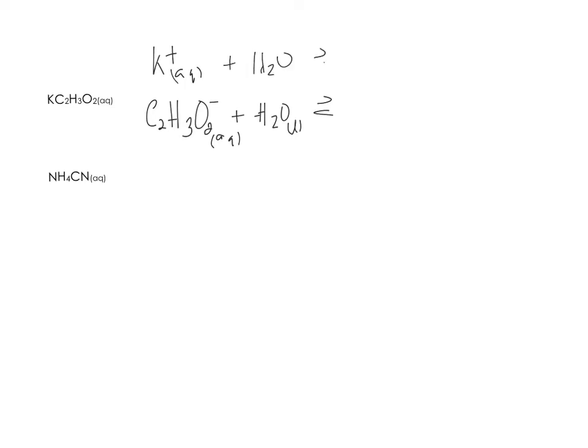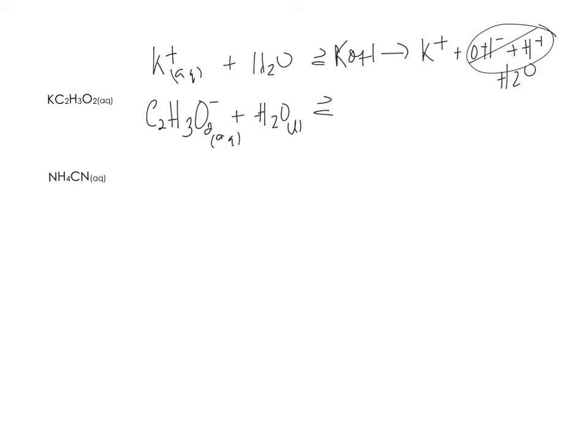Now, the same thing that happened for the sodium ion happens for the potassium ion: you form a strong base, which immediately becomes its ions. So there is no reaction with the potassium ion.